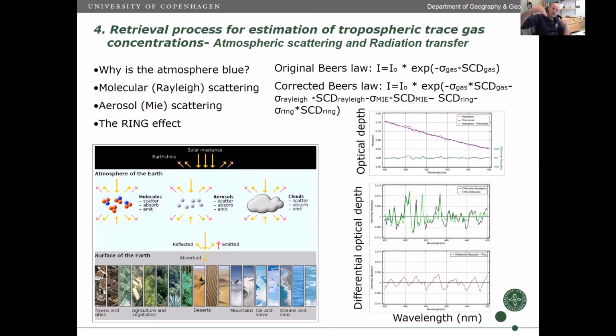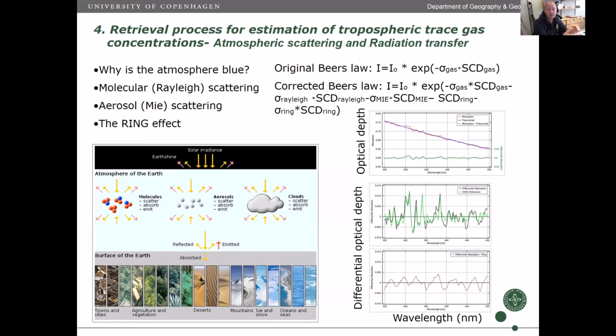And the longer wavelengths easily go through the atmosphere, whereas shorter wavelengths, that is the blue wavelengths, tend to interact with the molecules within the atmosphere, or the aerosols for that sake. And then they can bounce off. So when we look up at the sky, we have the sun there. These sun rays come, and some of the blue waves scatter off and thereby hit our eyes, and we see the atmosphere as blue.